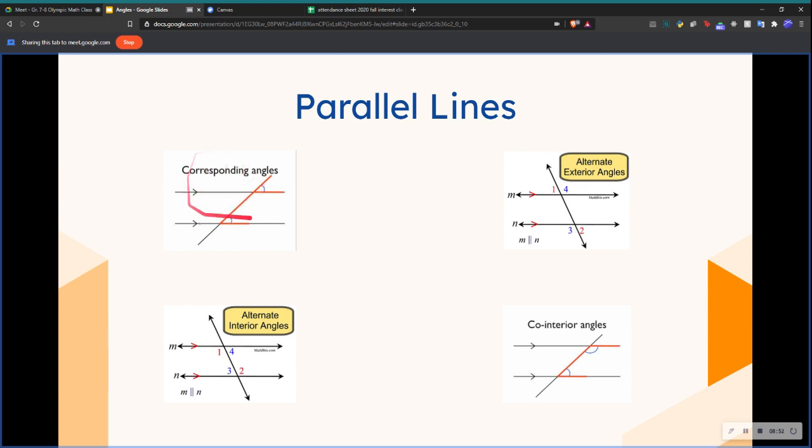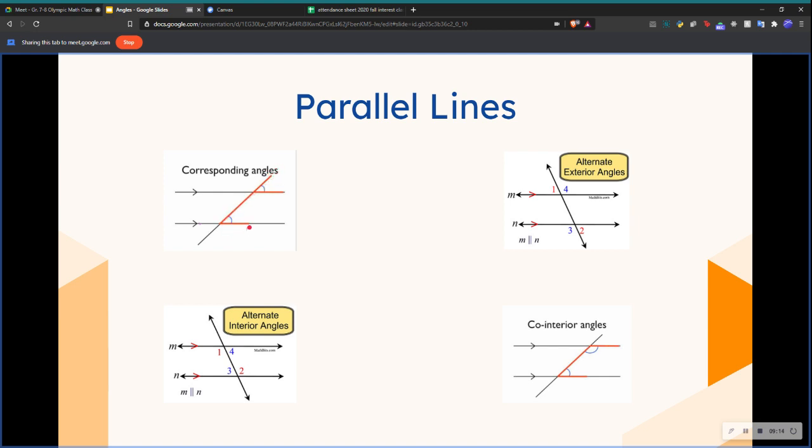So in these diagrams, the parallel lines are marked with these arrows, indicating these two lines are parallel, and the line that crosses between them is called the transversal line. We're going to look at 4 properties. One of them is corresponding angles.